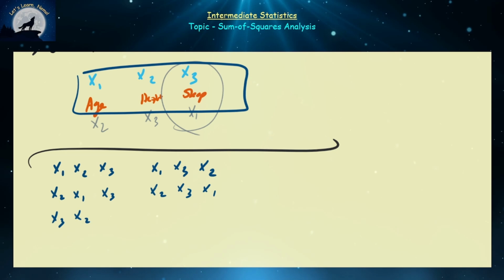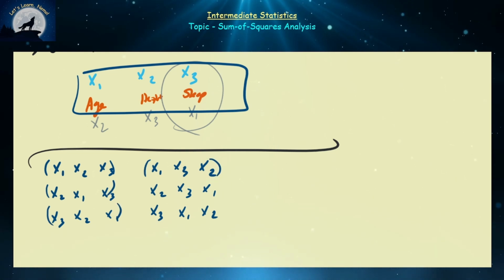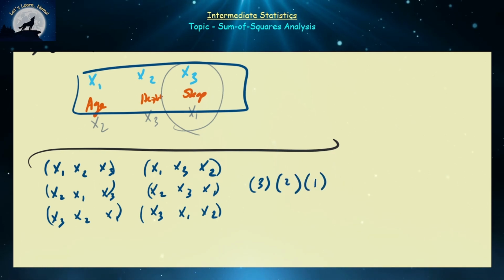And of course, you could do x2, x1, and start with x3, x1, x2. Since you're not allowed to repeat variables, there would be 6 possible hierarchies you could assign to your predictor values for your model. In particular, there's going to be 3 choices for the first, 2 for the second, and 1 for the third by default, and hence there are 3 factorial different hierarchies for your 3 predictors.